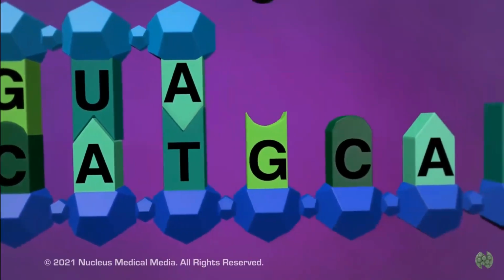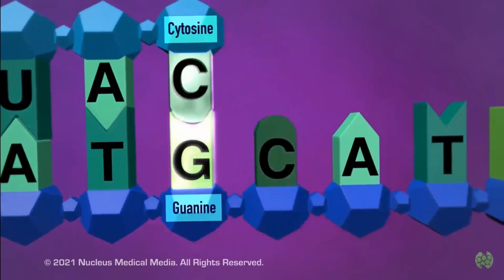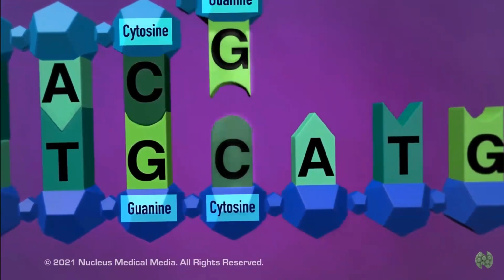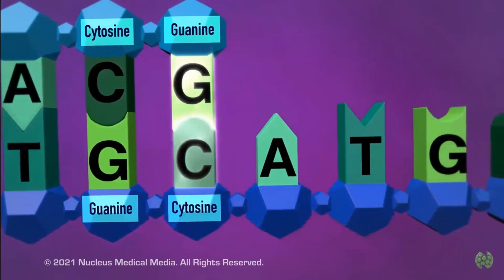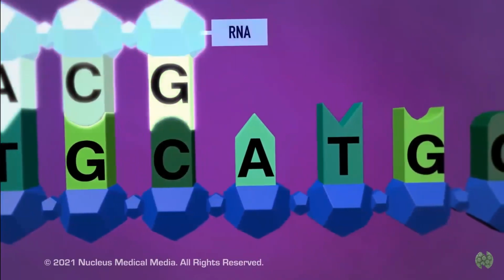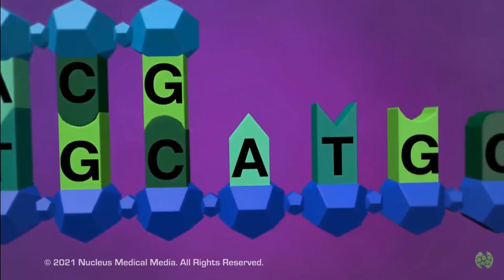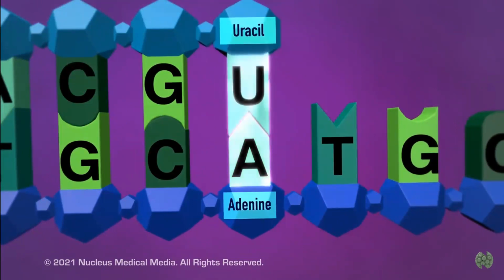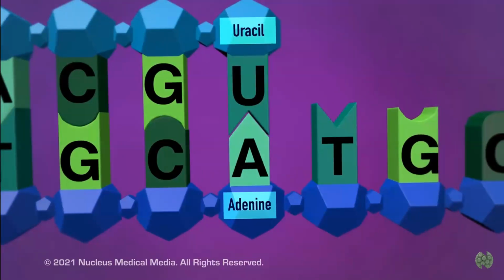This process continues with cytosine binding to guanine and guanine binding with cytosine. Remember though, RNA will never contain thymine. So, whenever RNA polymerase sees adenine on the DNA template strand, it pairs adenine with uracil.